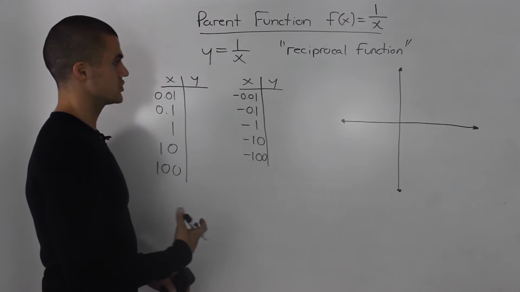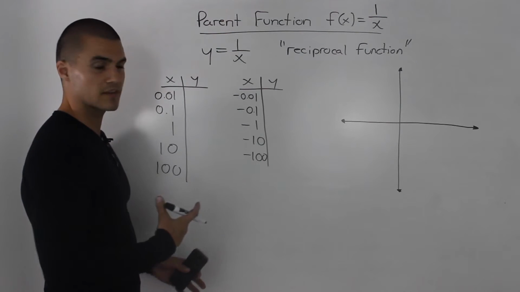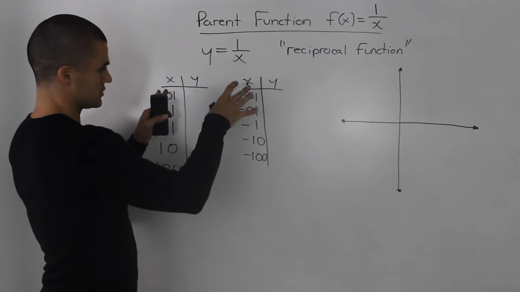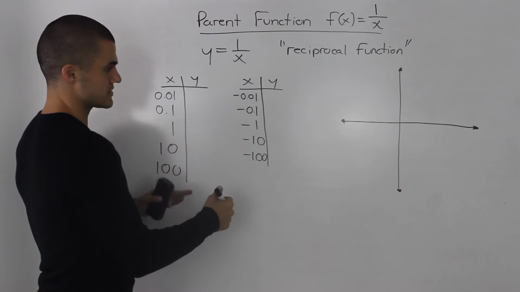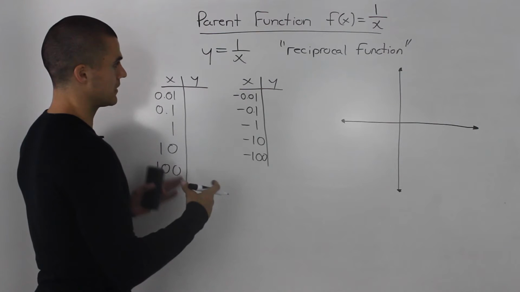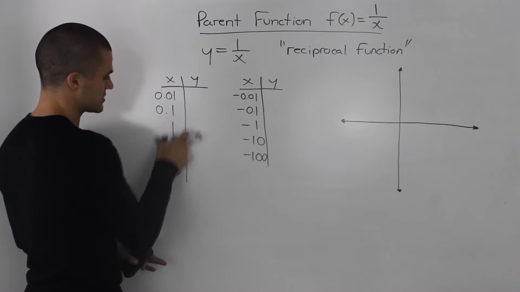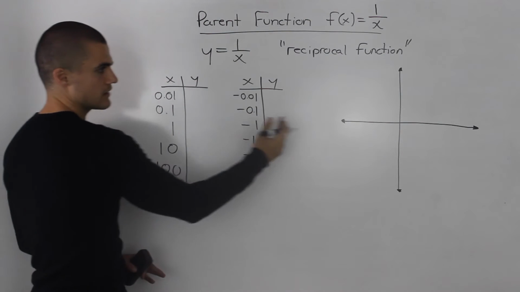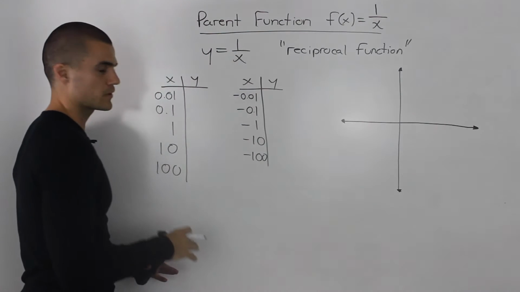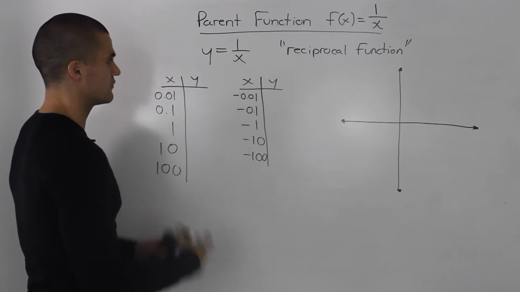Now, because this function is so unique and it's something that we haven't seen before, I'm going to use a lot more points in our table of values. And I'm going to make a separate table of values for the positive portions of x and the negative portions of x, so we could really find out what the shape of this graph is.